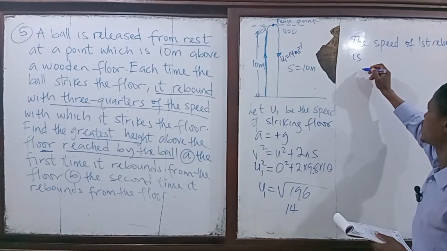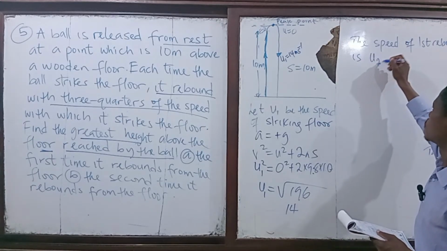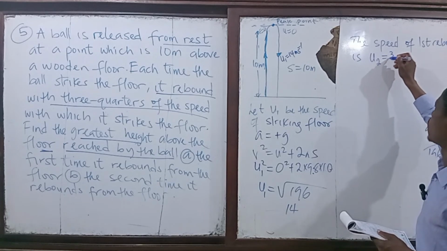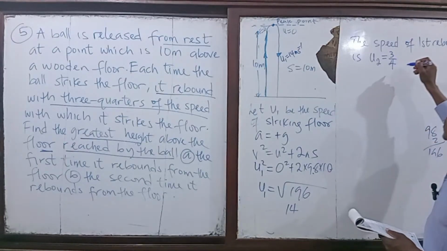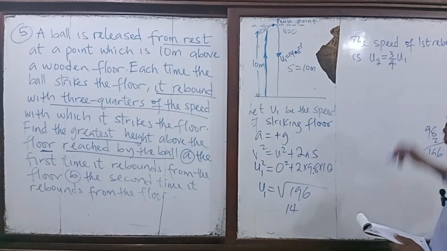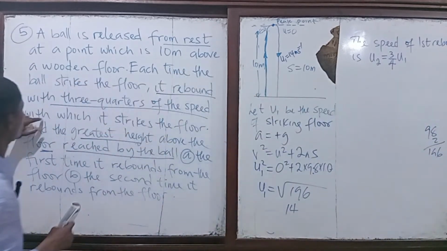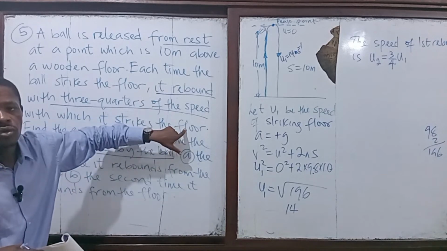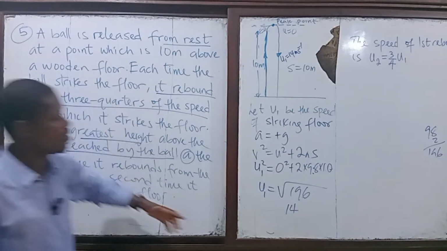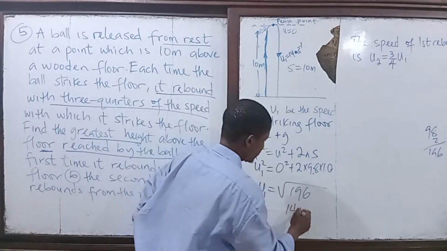Let's make it u2, which is 3/4 of u1. It will rebound with 3/4 of the speed with which it strikes the floor. The speed of striking the floor is 14 meters per second.